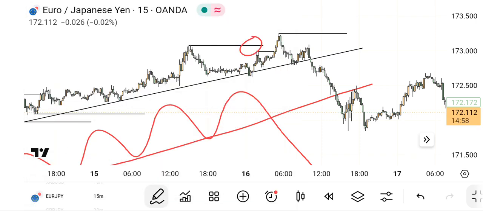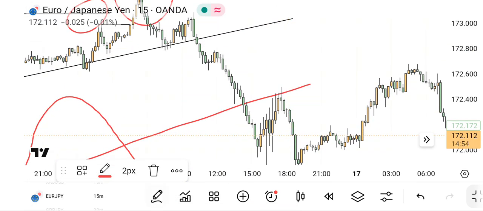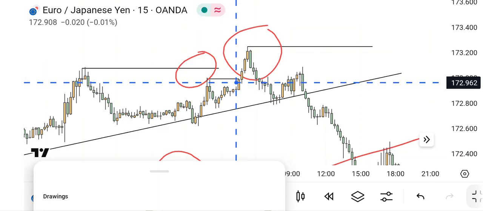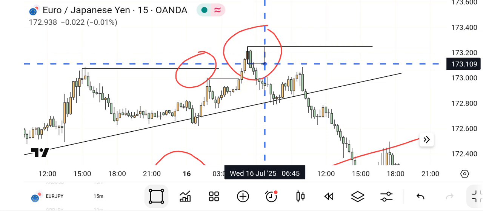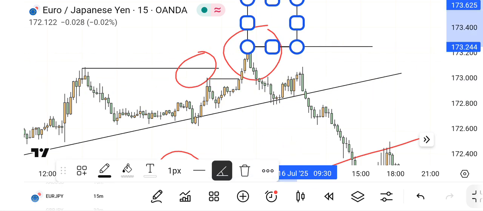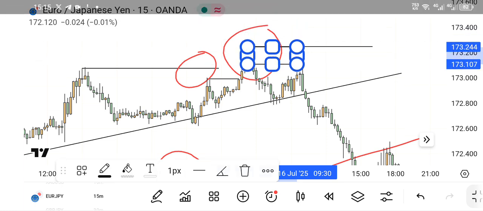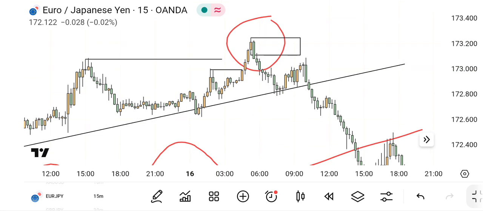We have a supply zone here, which is this zone. That supply zone is what I'm expecting the price to retest back to, but the price did not get there before the breakout.